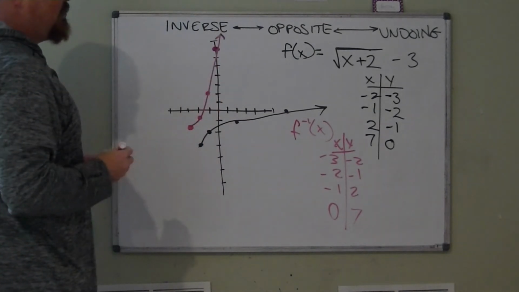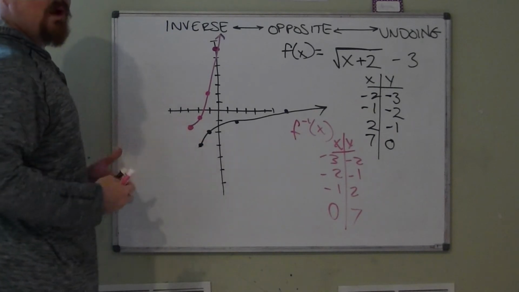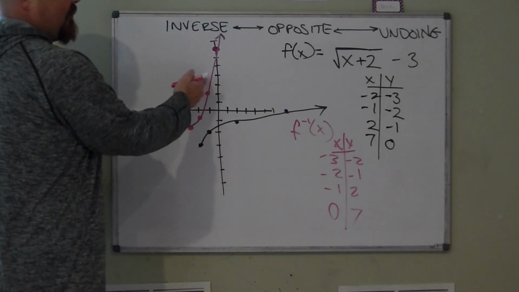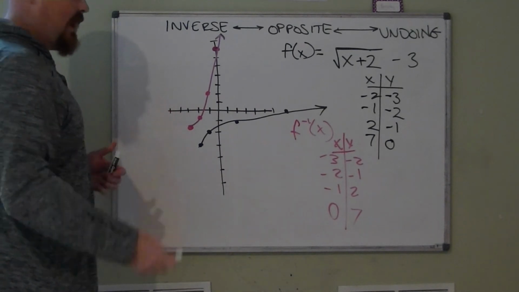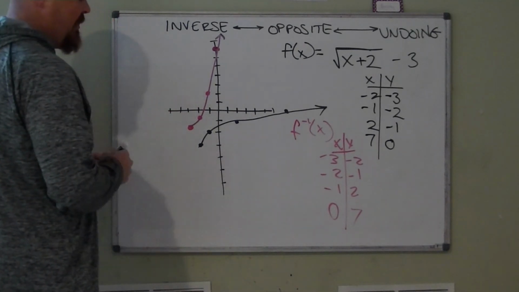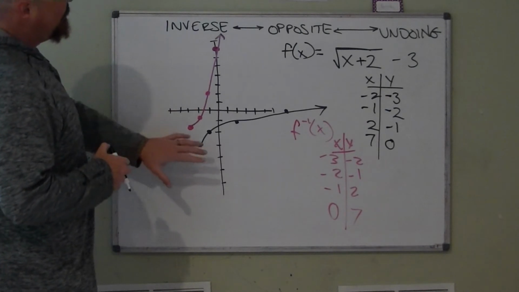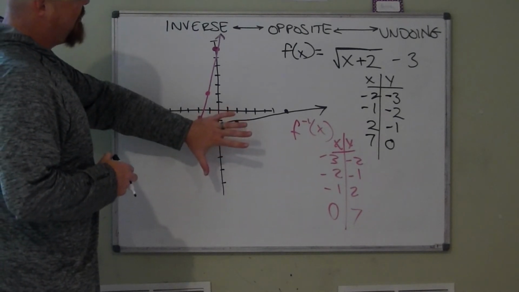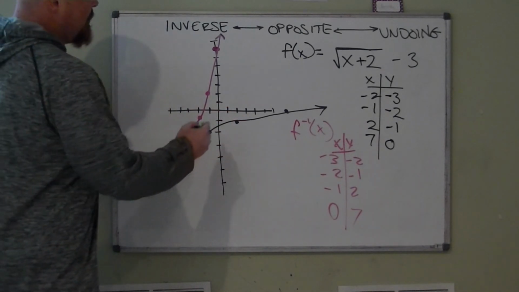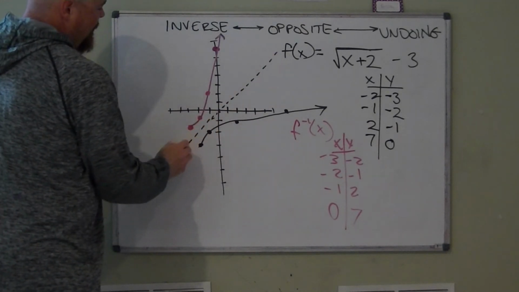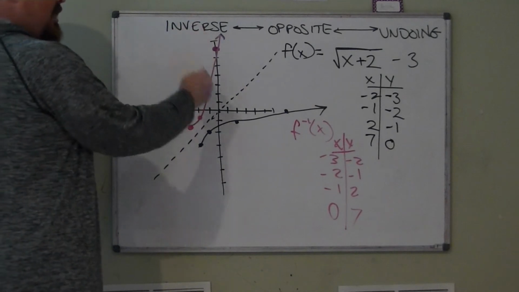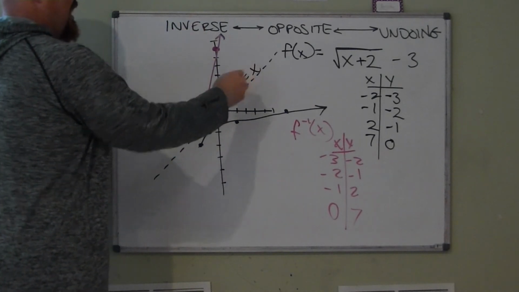Take a look, and what do you notice? Very similar, right? If you had to describe how this graph is related to this graph, it's kind of like the same thing but flipped over. We can be even more specific. This inverse function has been reflected over the line y equals x.